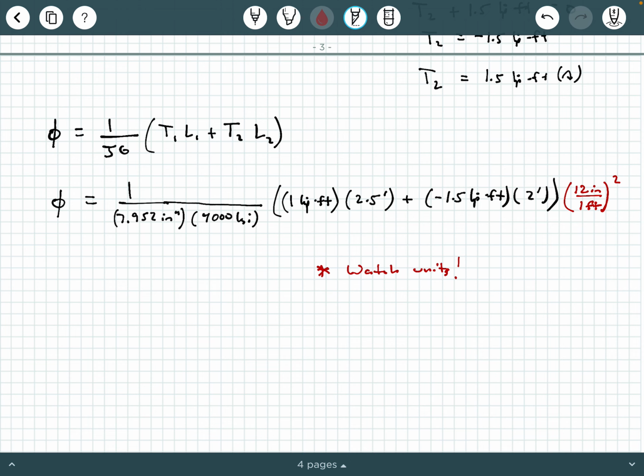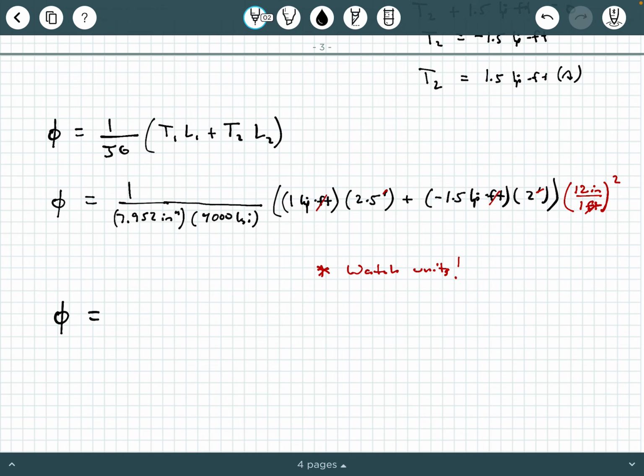So you effectively multiply this entire numerator by 144, all right? And from there, you'll see that the feet will end up canceling out, and you'll have kip inches squared in the numerator and kip inches squared in the denominator.